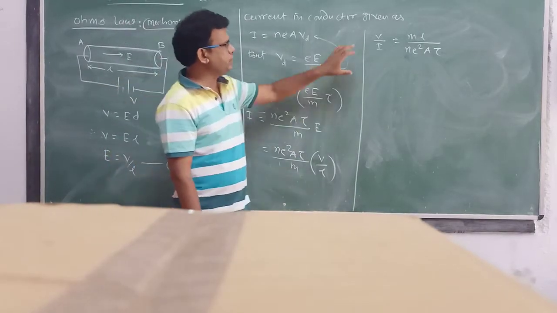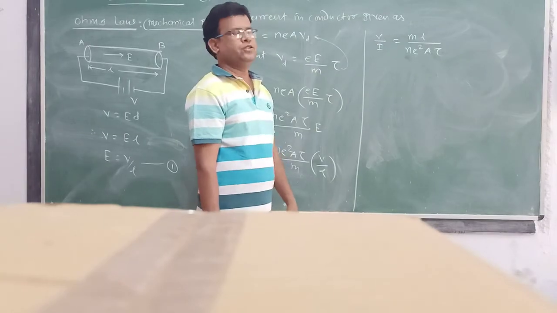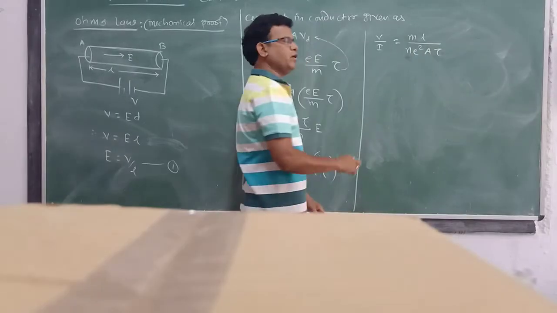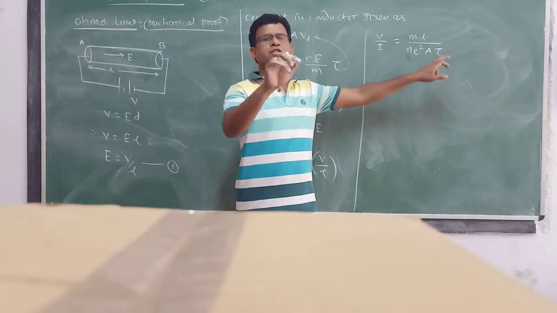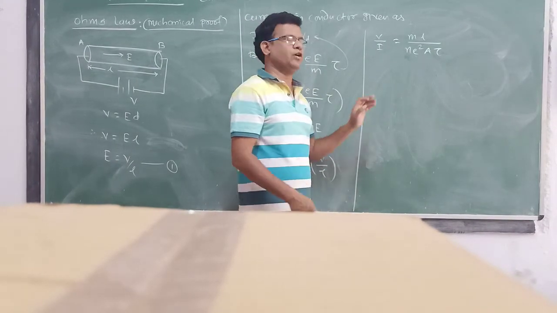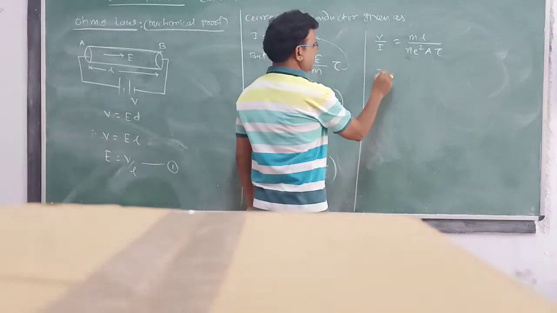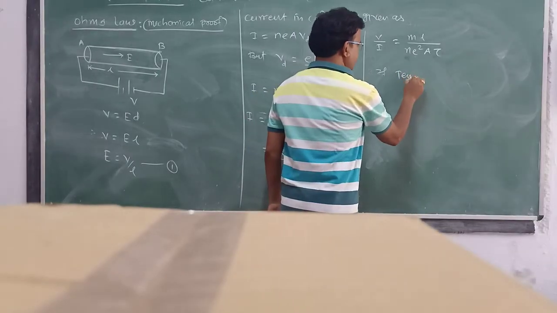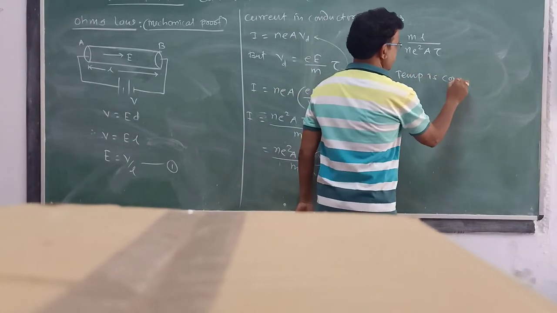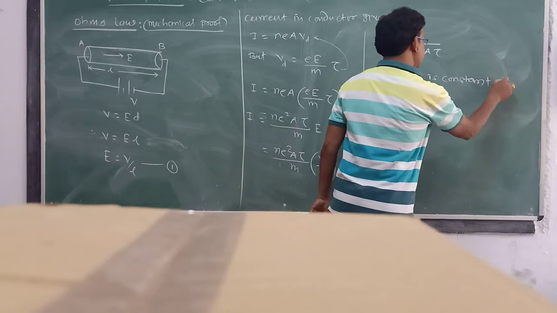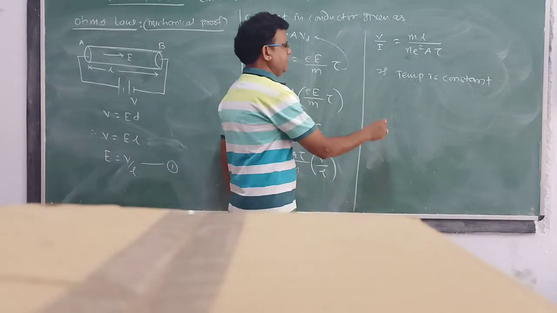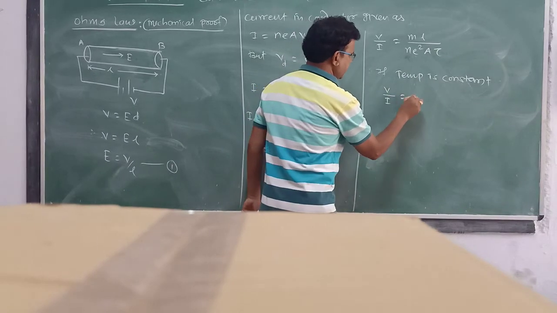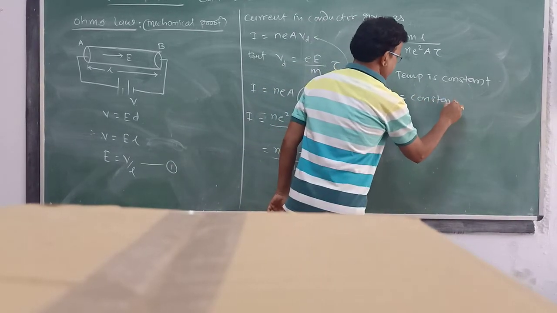And if it changes, then the ratio may not remain constant. So in order to have this ratio constant, the relaxation time should remain constant, and the relaxation time remains constant when the temperature of the conductor is maintained constant. So if temperature is constant, then everything on the right hand side will be constant, and then we can say that this ratio is equal to a constant.